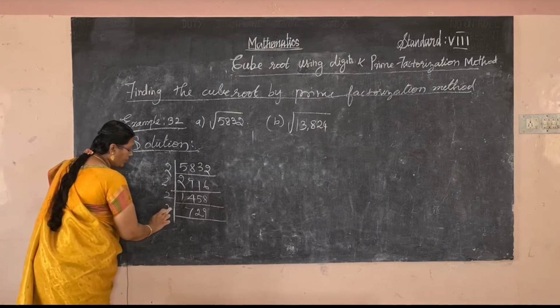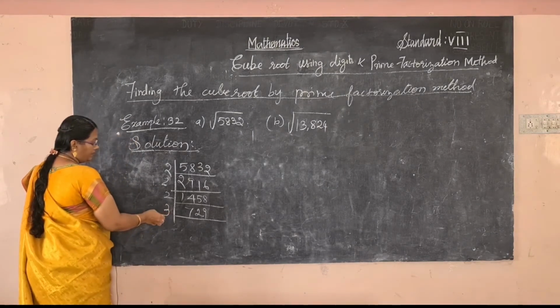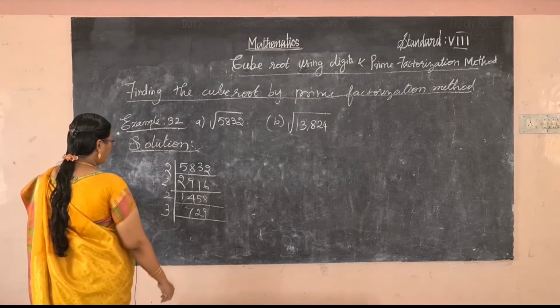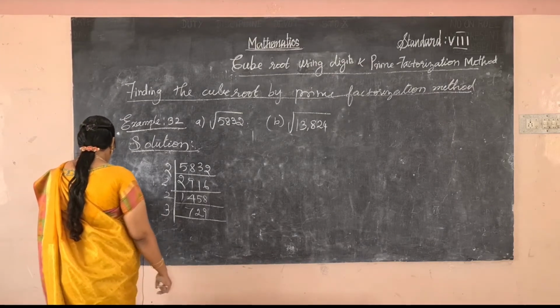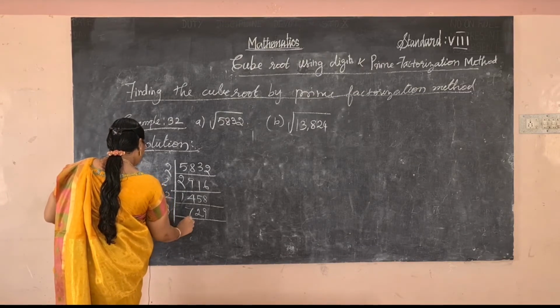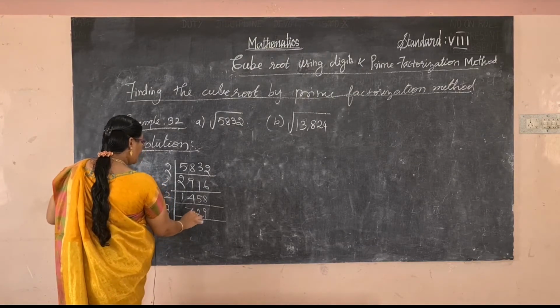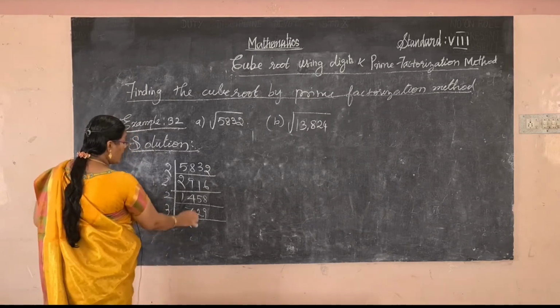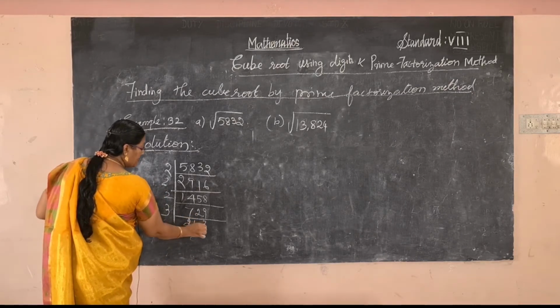So the next prime number is 3. Is 3 table possible? Yes. 3 1s are 3, 3 2s are 6, remaining 1, 12. 3 4s are 12, 3 3s are 9.